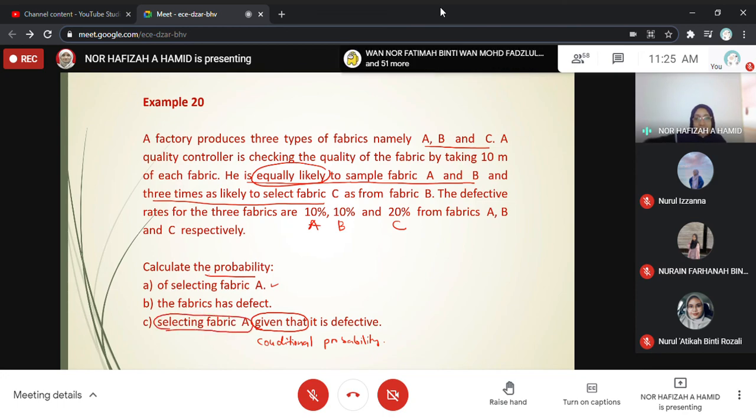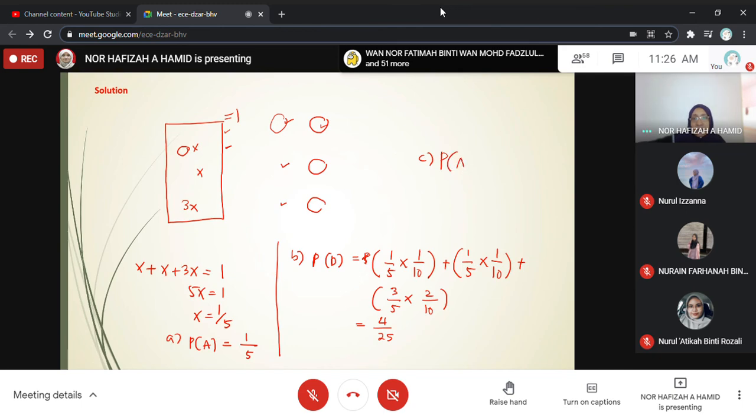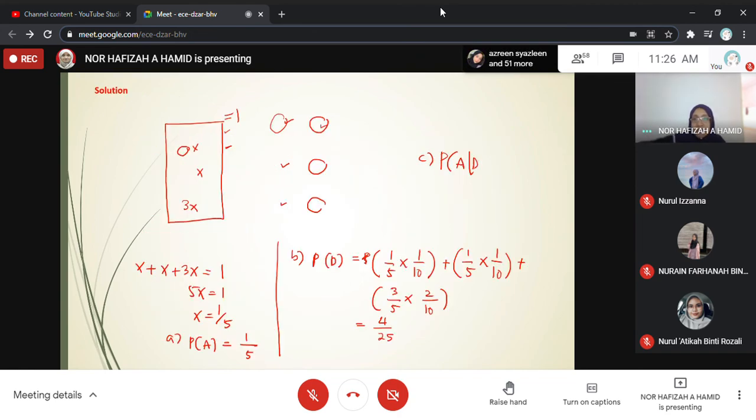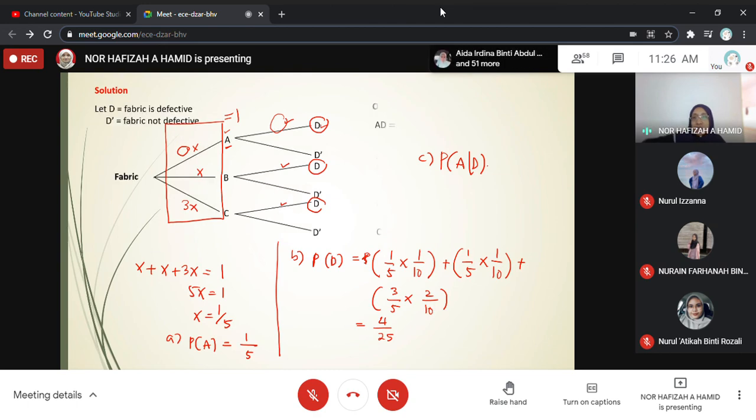Okay, so the probability for A given that it is defective. The defective is at the back. So A given D. Okay, so that is for C.